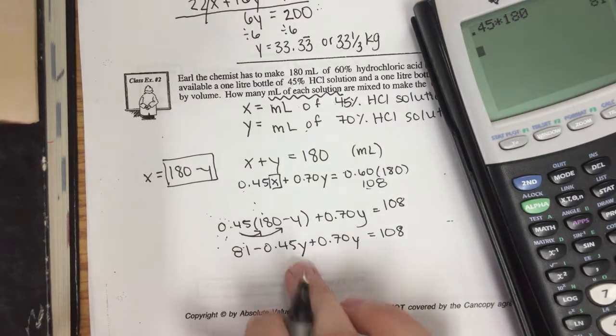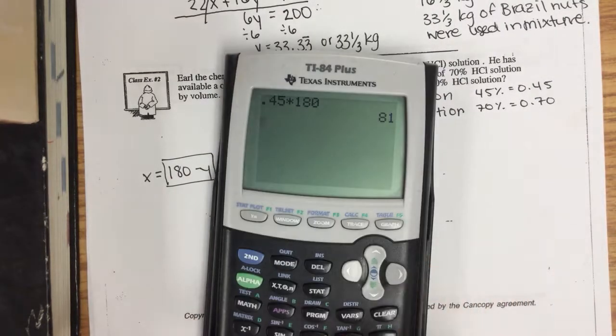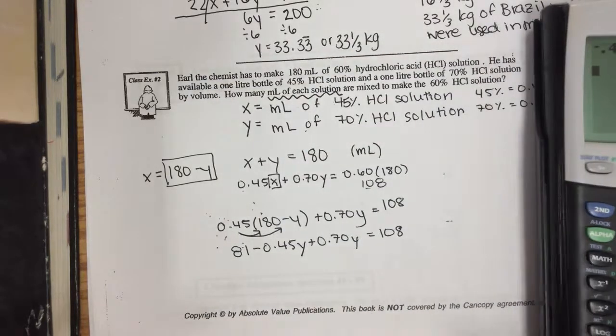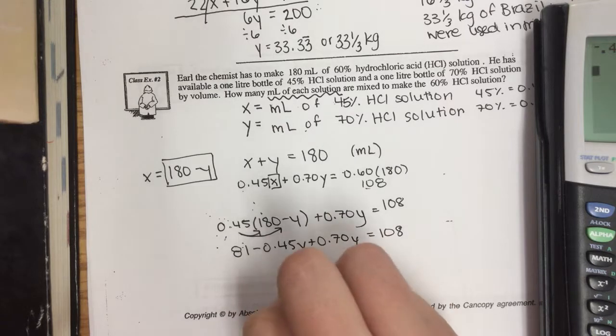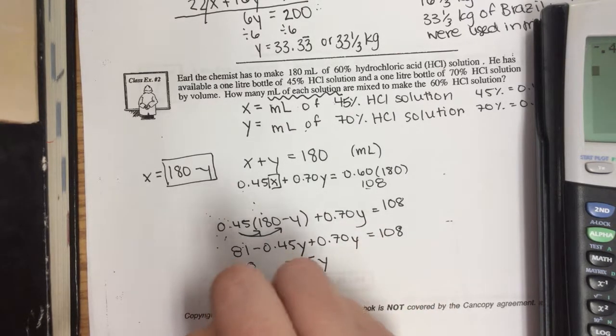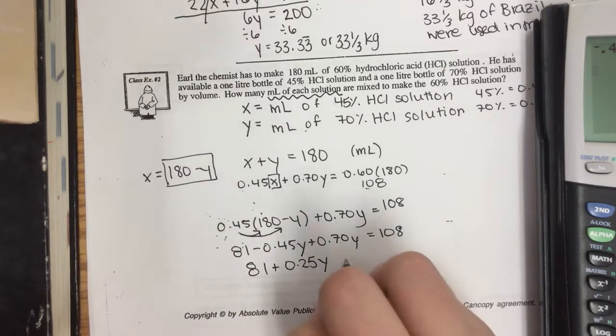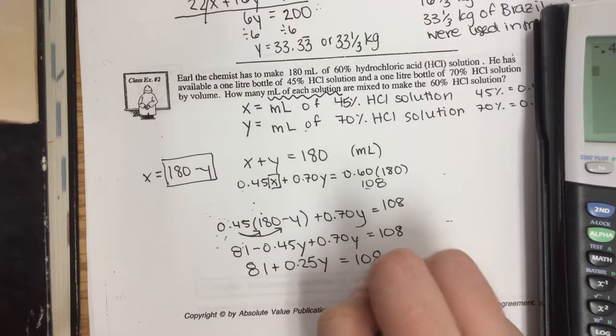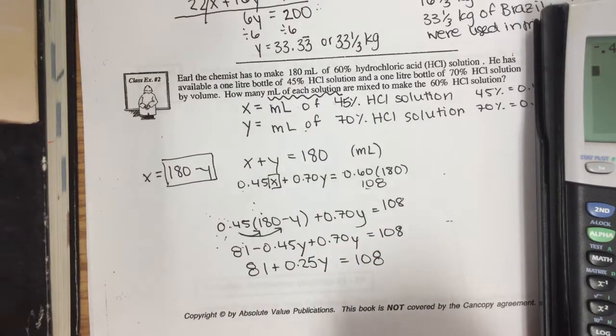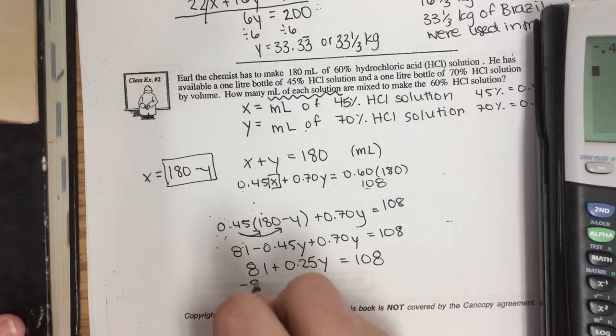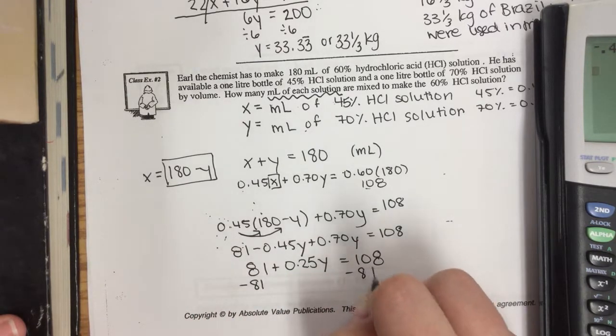I can put the negative 0.45 and the positive 0.7 together. Oops, not negative 45. Negative 0.45 plus 0.7 is 0.25. So I have 0.25y, there's an 81 in front of that, equals 108. Gonna subtract the 81 to try and get y alone.